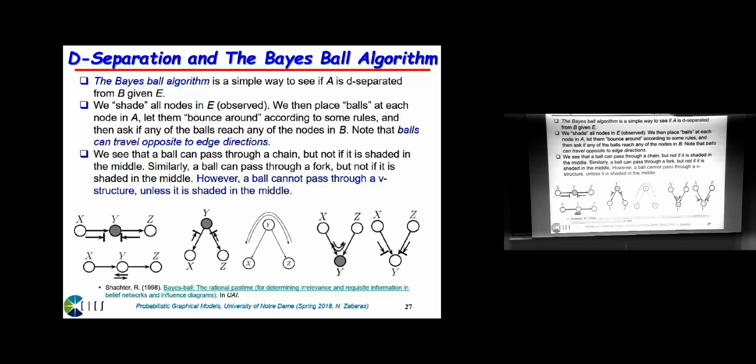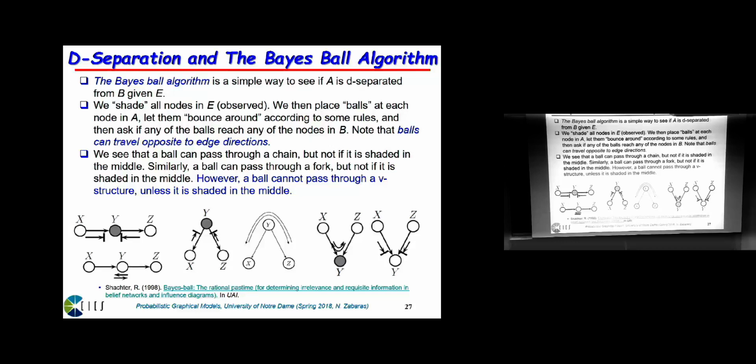So this is the same picture that we had before. But again, think of throwing a ball, and it's important, the balls can travel opposite to the arrow directions. This has to do with the fact that, like in this case, the arrows can go the other direction as well, you get the same results. So here's a case: given Y, if you throw a ball, it's blocked here, so X and Z are separated.